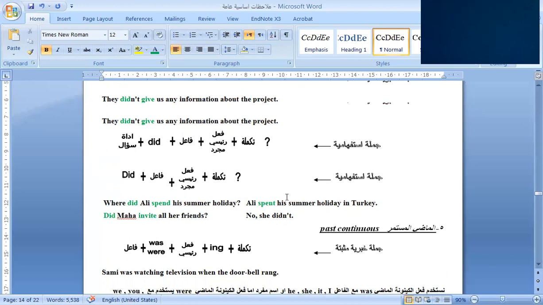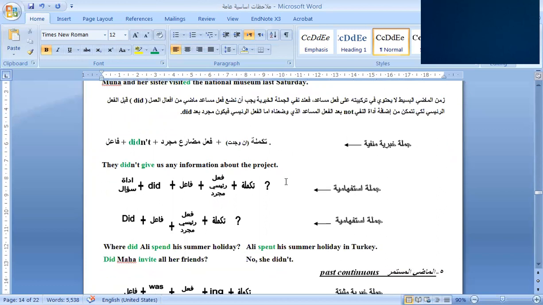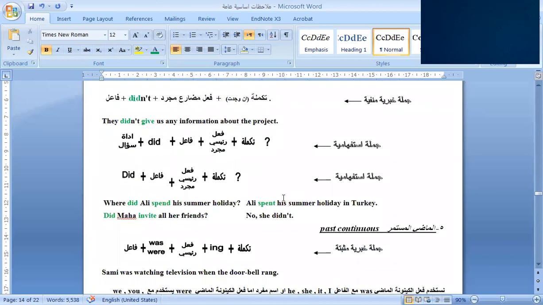So this is the way we construct the past simple tense. Okay. الماضي البسيط هاي هي طريقة تركيبه.